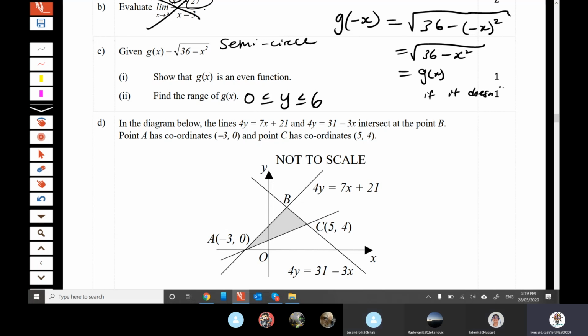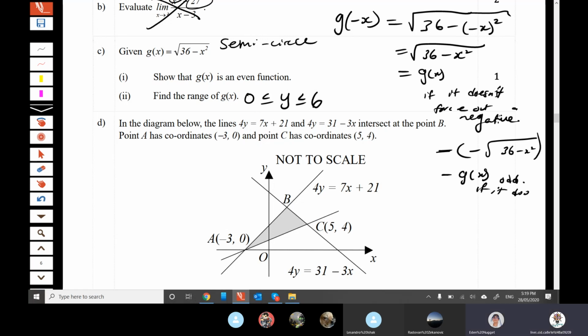Yeah, that's the one. Be careful. If it doesn't force out a negative, that means it's got to look something like this. Let's just say -√36 minus x squared. And if it gives you negative of the original, then you would say it's odd. And if it doesn't, it's neither.